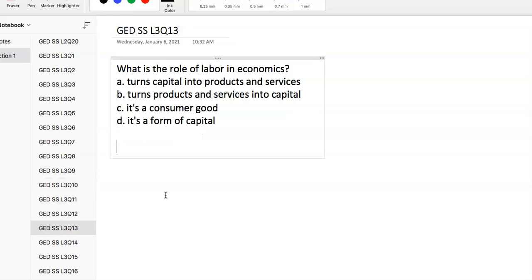Okay, what is the role of labor in economics? All right, so we all kind of know what labor is, but economists tend to have different answers than a lot of the rest of us do. Labor turns capital into products and services.